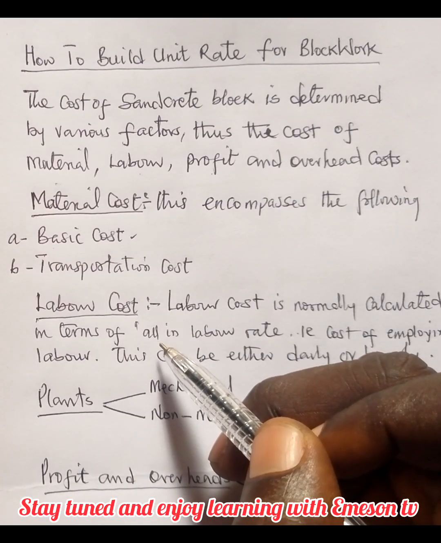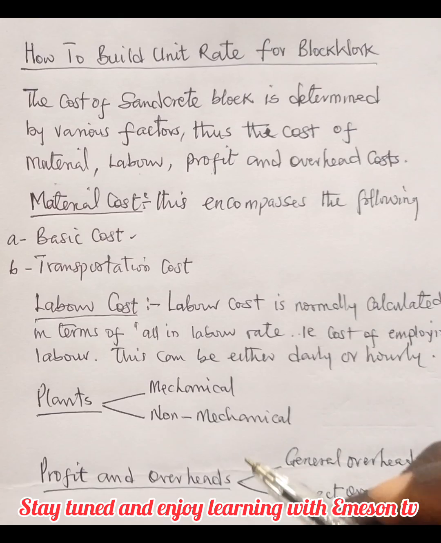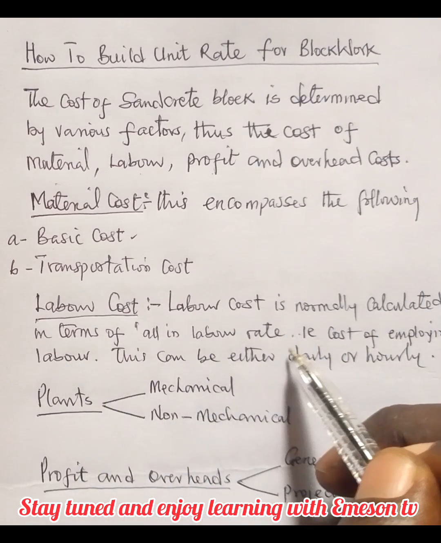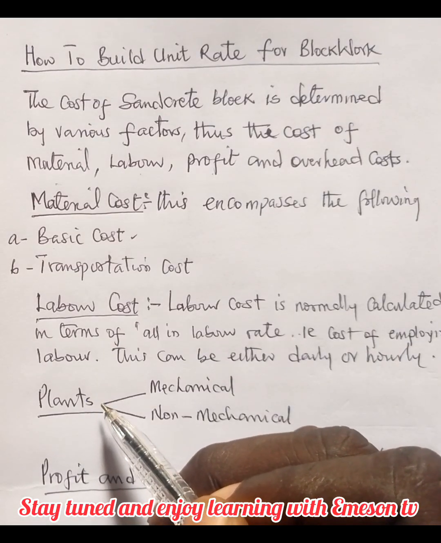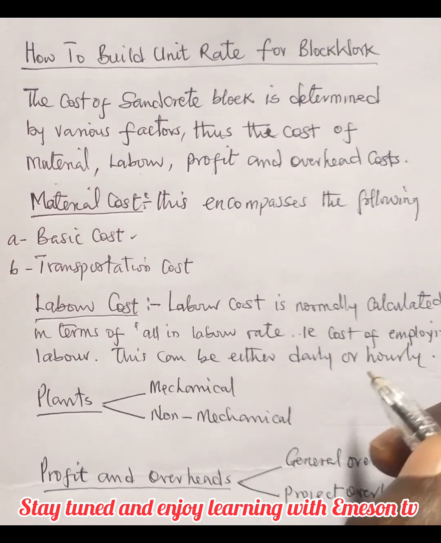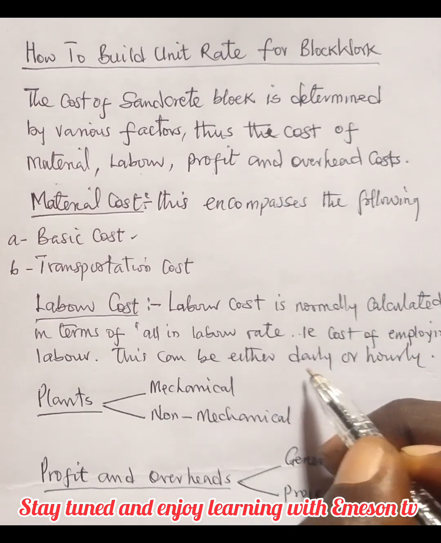Your labor cost has to be either skilled labor or unskilled labor. Labor cost is normally calculated in terms of all-in labor rates. That is the cost of employing labor on site to carry out this work. This can either be daily or hourly.